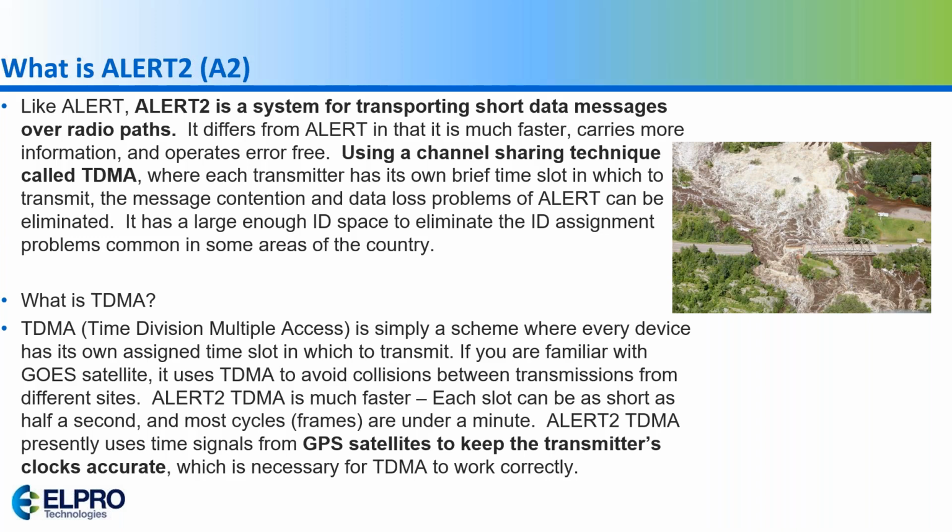But with the newer design, the TDMA gives you a time slice per your station, so you can send up to 254 sensors and it's scaling back to a receiver. This TDMA is also used in GPS satellite communications to keep the clocks accurate, so we use that also within the ALERT2.